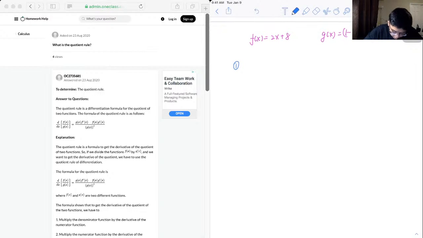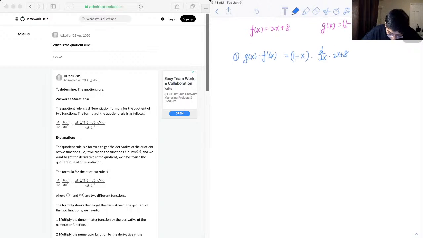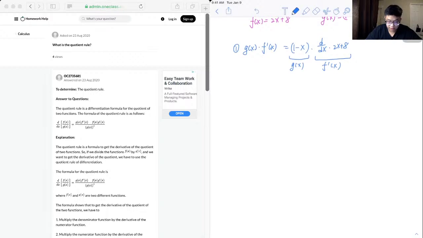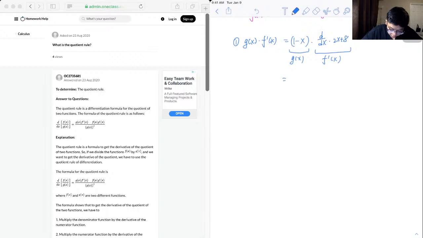So that's going to be g(x) times the derivative of f(x), which is equal to 1 minus x, which is g(x), times the derivative of f(x). So we maintain 1 minus x the same, and we just need to take the derivative of 2x plus 8, which is just going to be 2.